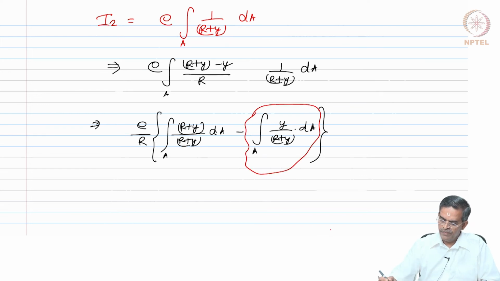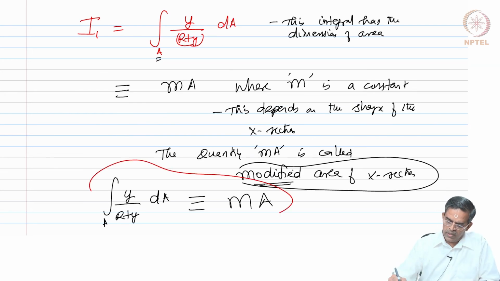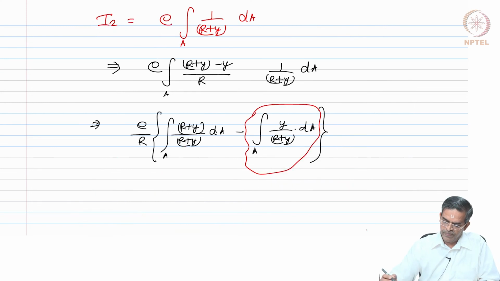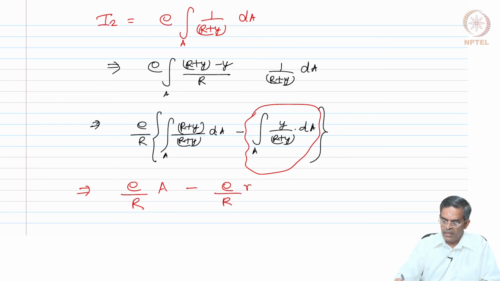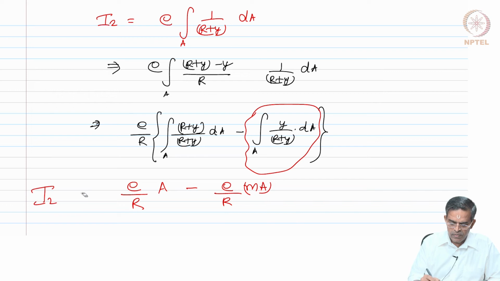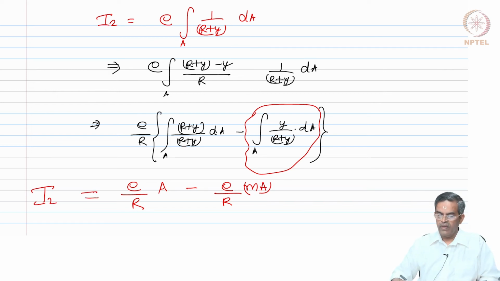This is actually equal to MA, right? So, can I now write this as E by R A minus E by R MA? This is my I2, integral 2. Am I right?